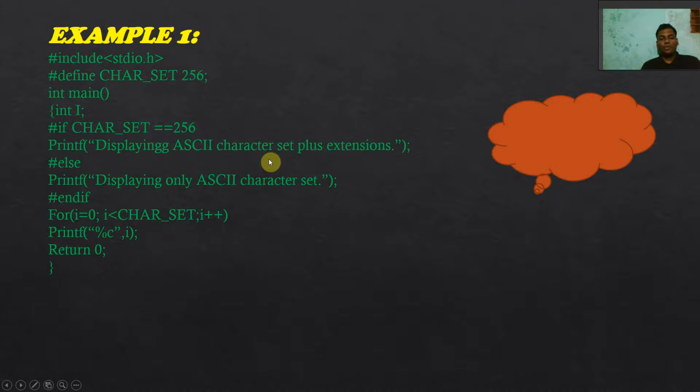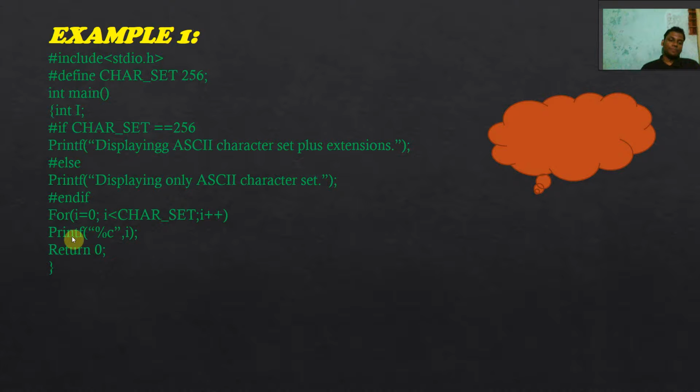One thing, as we all know, there are 128 ASCII characters, 0 to 127. We have given the character set as 256, and we have also commanded it to display ASCII character set plus extension. So it will show some math symbols or other symbols.